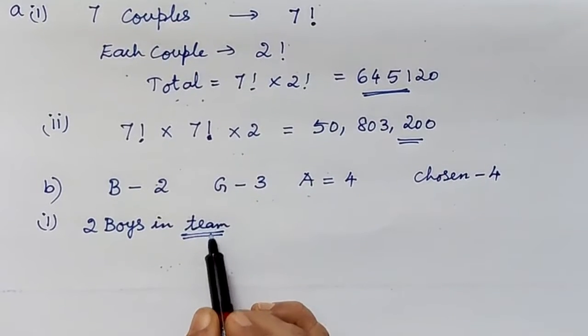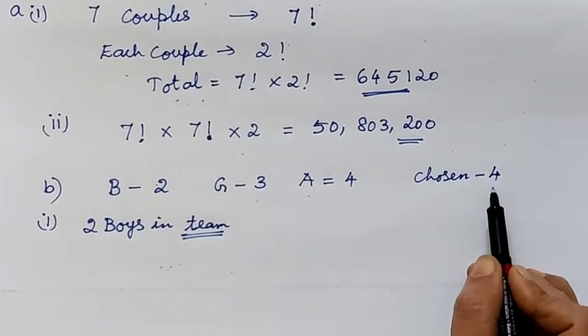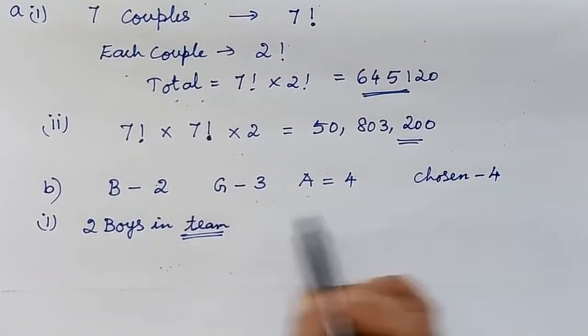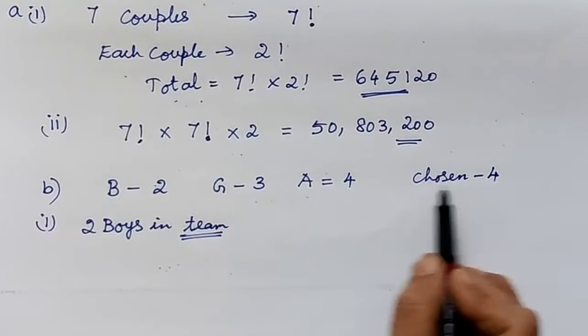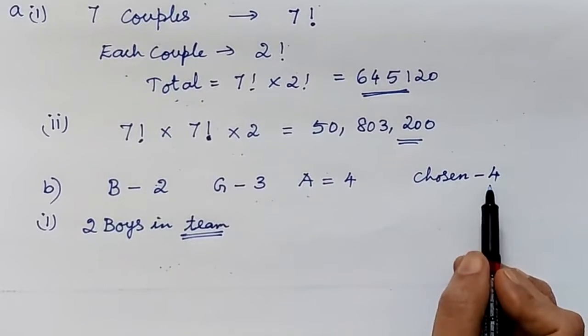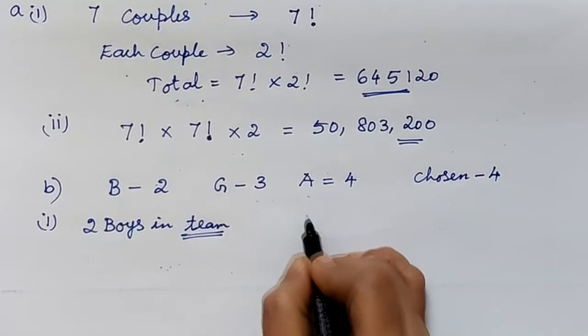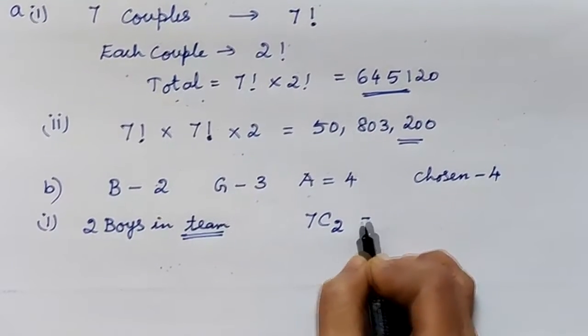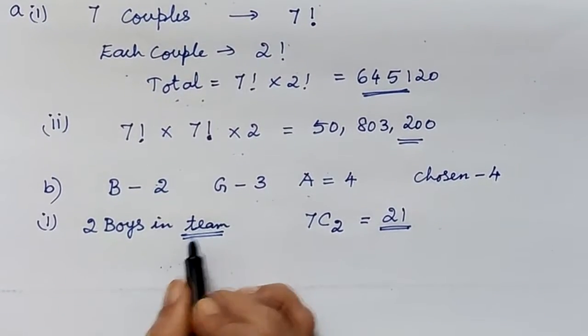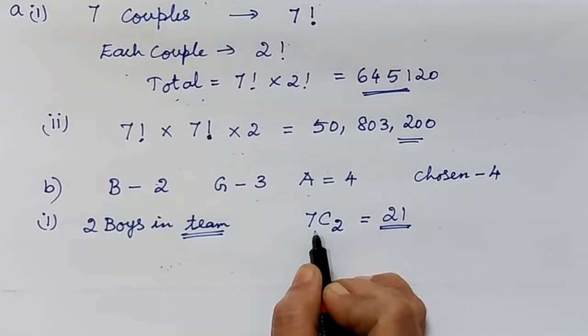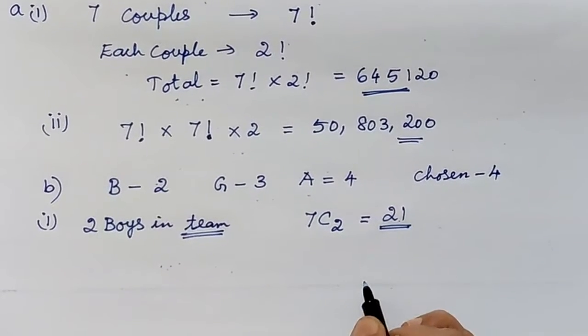So 2 boys must be in the team, and the total people to be chosen are 4. Since we have already chosen 2 boys, from the remaining 7, only 2 have to be chosen. So it will be 7C2, which is 21. The boys are for sure there, so it is a 1. 1 into 7C2 will be equal to 21.